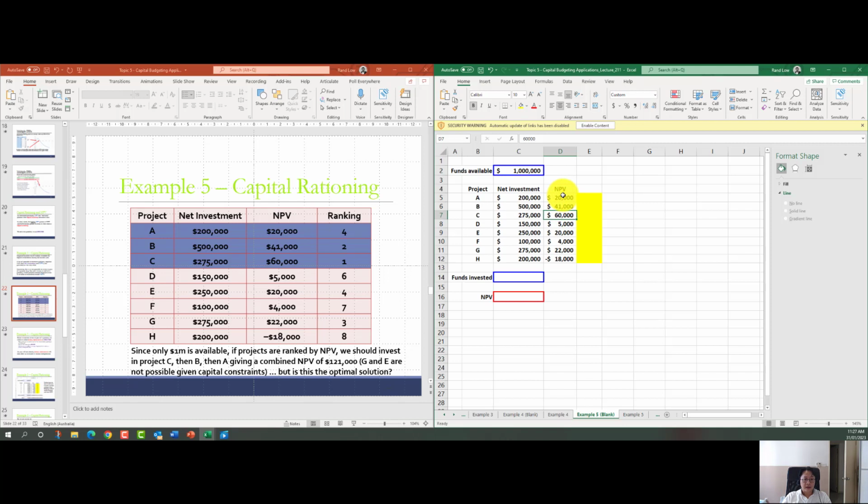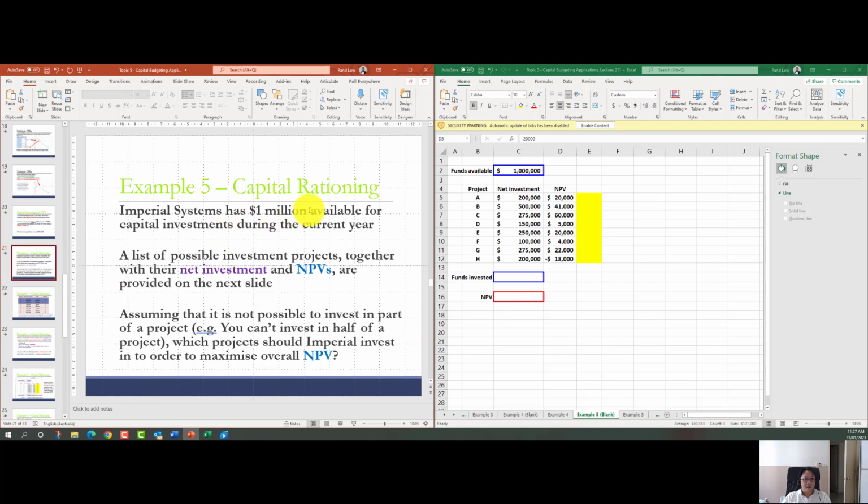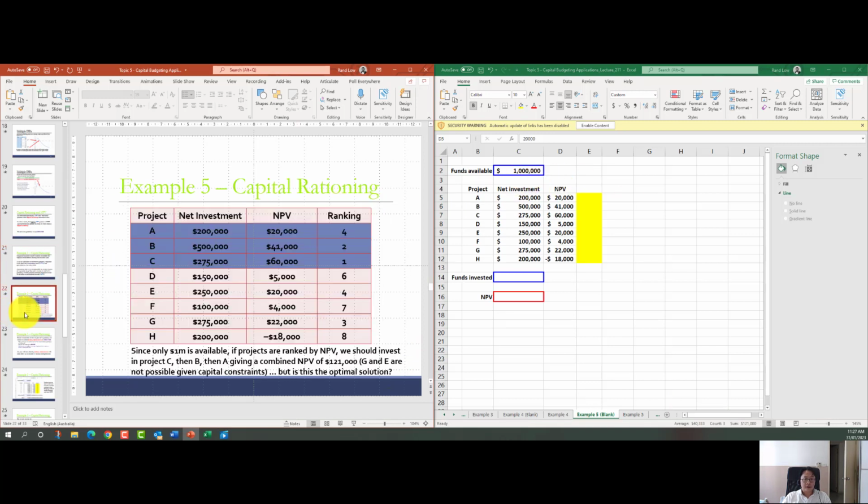So with a combined NPV of 121, as we can see if we sum all of the above. We have $1 million available. If we invested in A, B, and C, that would be 975,000. These three have the most positive NPV, with a combined NPV of 121.